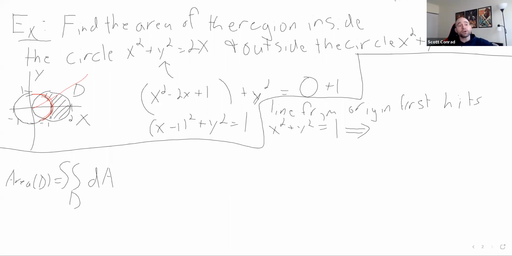Well, you can just convert directly to polar. x squared plus y squared is r squared in polar, and we basically always assume r is positive. But that's the set of points of distance 1 from the origin, right? So all of those points, the r coordinate is going to be 1.